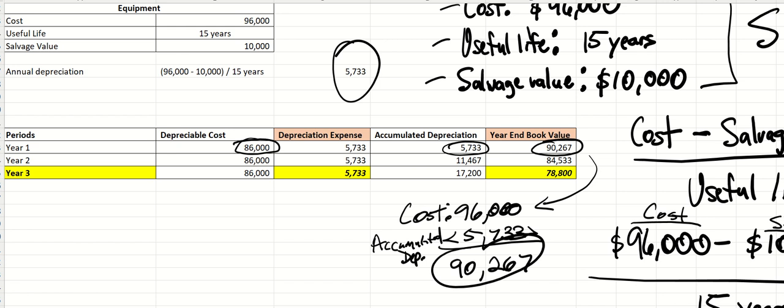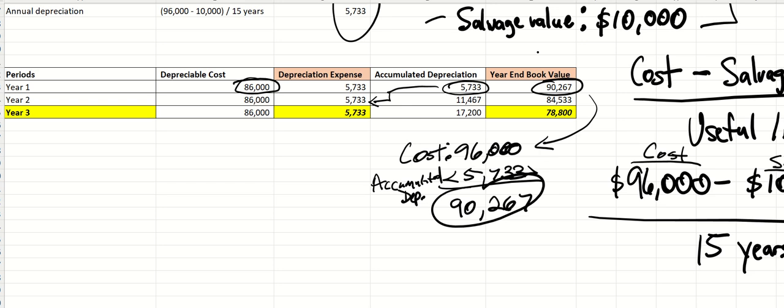Now we go to year two. The depreciable cost is still the same, 86,000. Depreciation expense is still the same. For year two, accumulated depreciation went up to 11,467. That's because it's taking the accumulated depreciation from year one and adding it to year two. Then the year-end book value is going to go down now from 90,267 to 84,533.